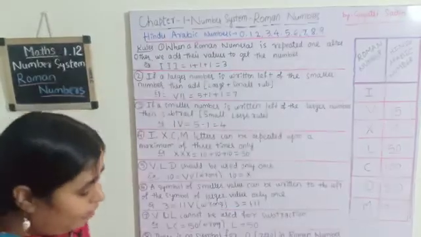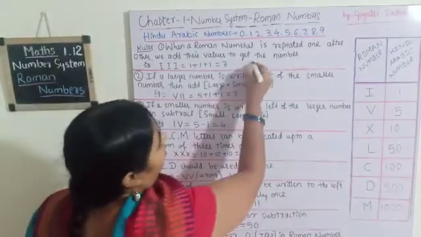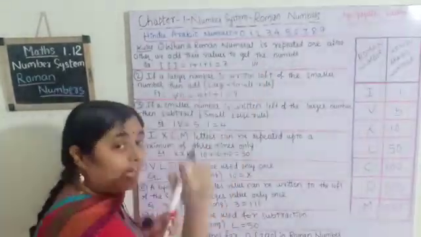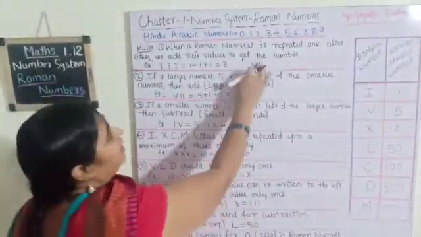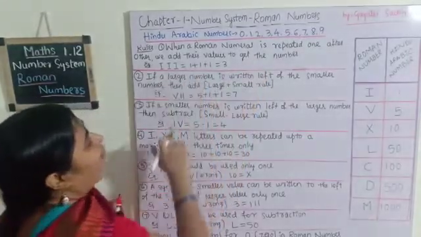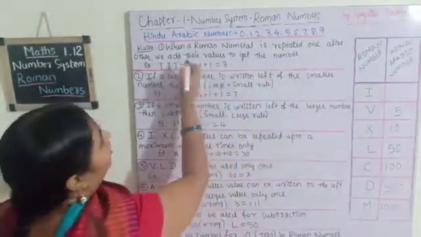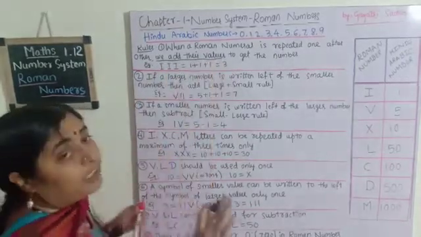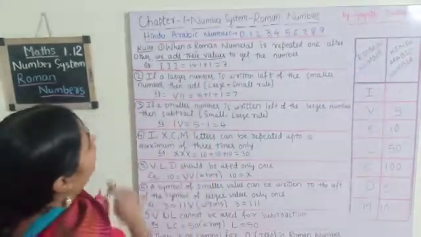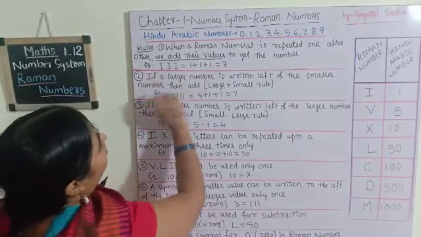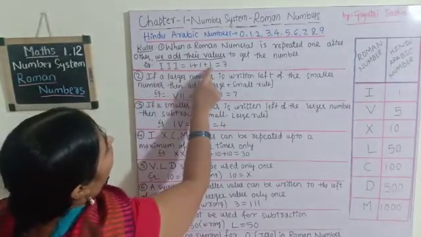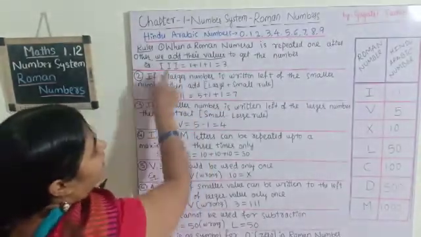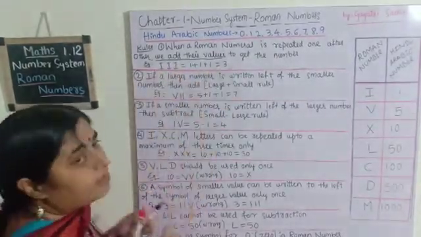In Hindu Arabic numbers, if I write 1 like this, it becomes 111. But here this will not happen. We add their values. I means 1 plus 1 plus 1, we have to add, equals 3. If I write like this, its value is 3.